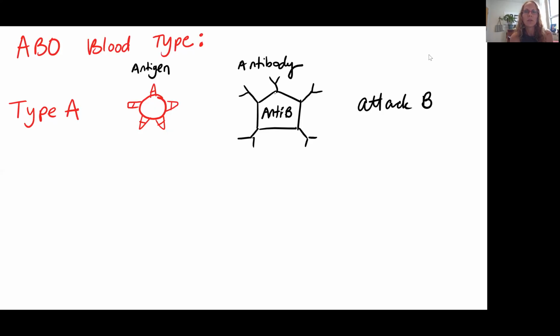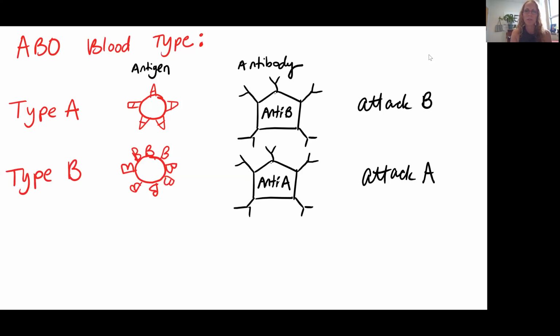The other thing that you inherit with type A blood type is an anti-B antibody. So as part of your genetic inheritance, you have this fairly large antibody circulating, and if you were exposed to type B blood, you would attack those red blood cells as foreign, just the same way you would a pathogen.